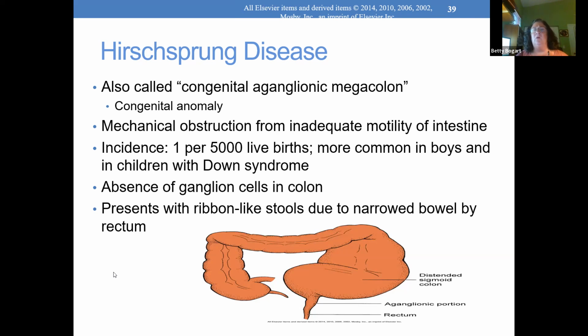What does that mean? Well, aganglionic means a, without, ganglions, nerves, no nerves in the colon. So there's no peristalsis, there is no pain, and all of the contents of the GI tract go down, sit there, and it stretches because it can't be moved down. There's no nerves to function.